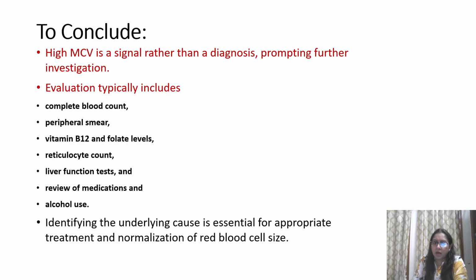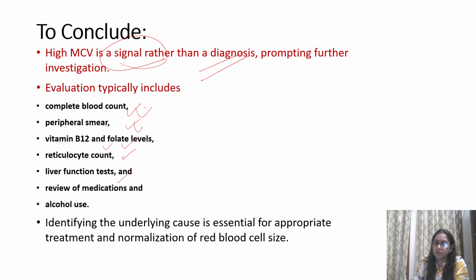So to conclude, high MCV is a signal rather than a diagnosis. We don't give a label diagnosis. We just put a note: macrocytosis with normal hemoglobin, but the patient needs to be kept under hematological follow-up with other tests to be advised. Typically the evaluation includes detailed CBC evaluation, you have to see the peripheral smear, advise serum B12 and folate levels, and reticulocyte count to see the function of the marrow.